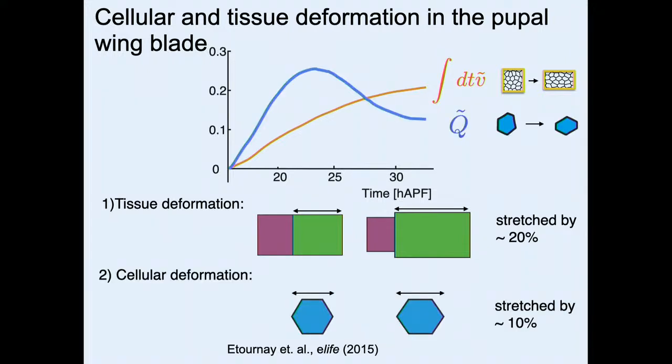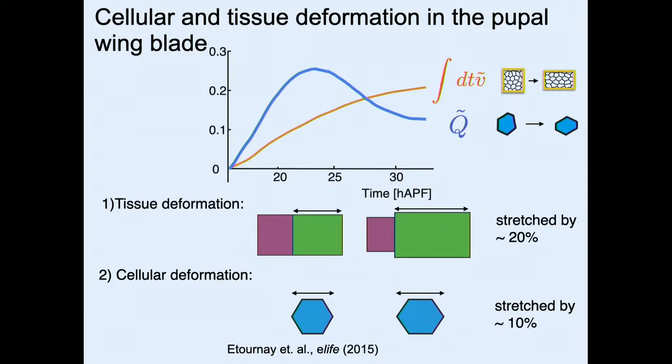If I look at the average cell elongation, remember the cell elongation was calculated locally for each cell, but now we are averaging over the whole tissue and calculating a single number with time. We see that the average cell elongation at very large time is roughly 0.1, which means the cell at steady state has been extended by 10%. Now think of this.